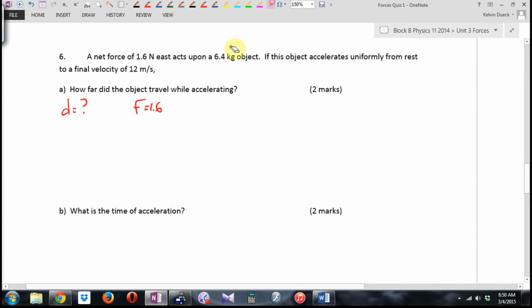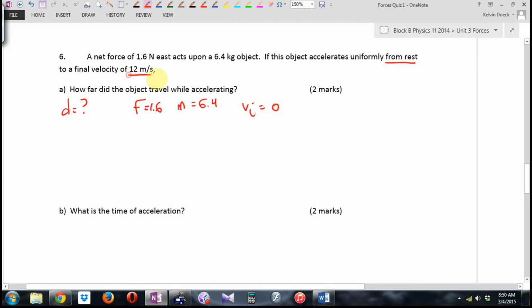There's a mass here as well. Justin, what's that mean from rest? What does that tell me, folks? VI is 0, right? Right. Sorry, I'm waking you up, kiddo.